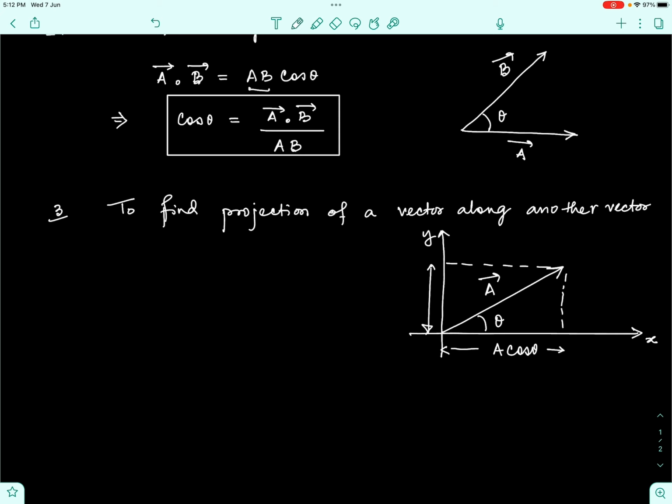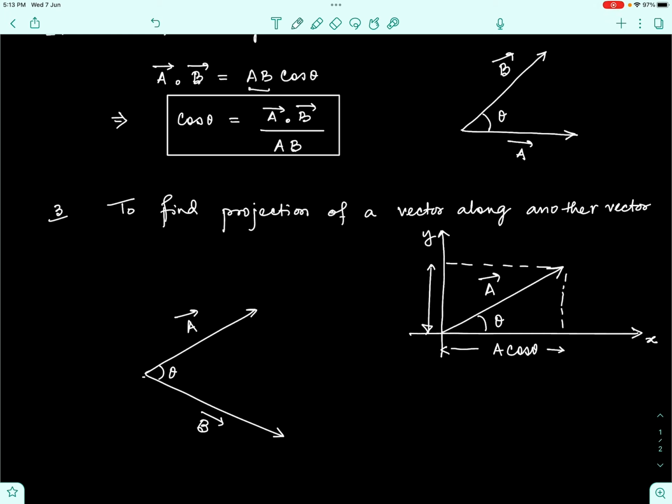In this case, we try to find out the component of vector A not about any standard axis, but about another vector, which is, let's say, vector B, with which the vector A makes a certain angle theta, and that angle is given to us. Even if it is not, if we know the two vectors in their component form, maybe we can find out the projection of vector A along B or B along A.